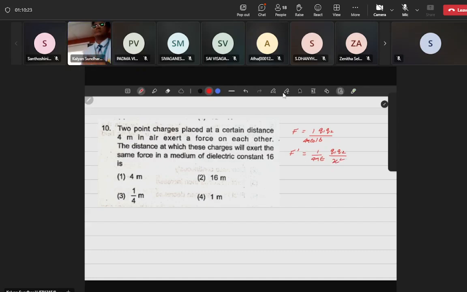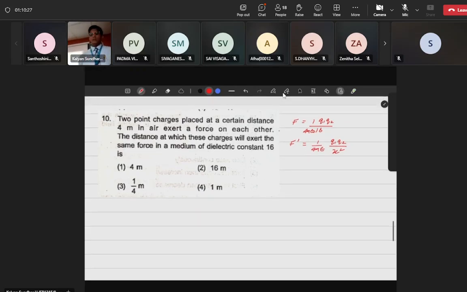So the force between them is equal even after placing in the medium. So 4 pi q gets cancelled, so 1 by 16 epsilon naught will be equal to 1 by epsilon x square.